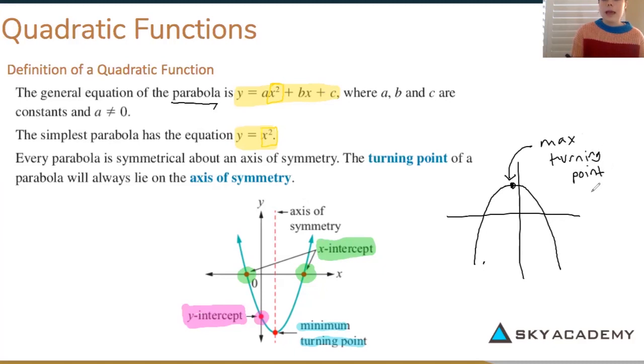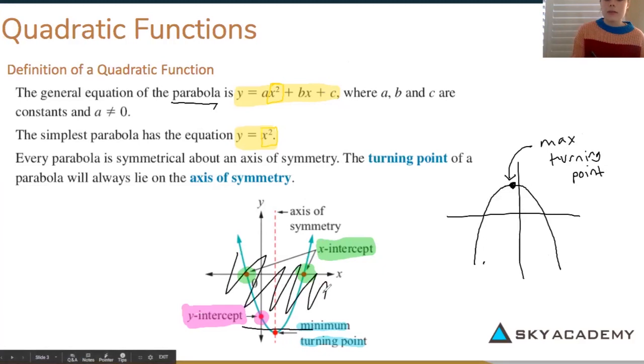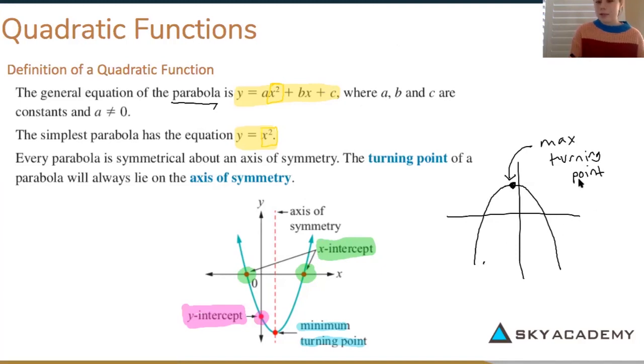Wherever the top of the parabola is, the turning point, if it is above the rest of the function, it is the maximum turning point. And if it is below the rest of the function, it is the minimum turning point. A maximum turning point is when x will be negative, and a minimum turning point will be where x is positive.